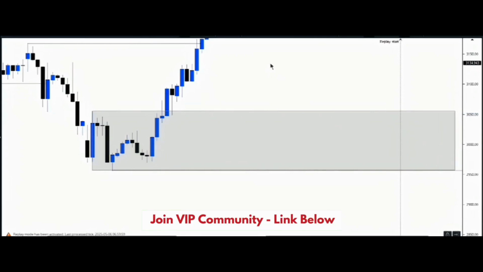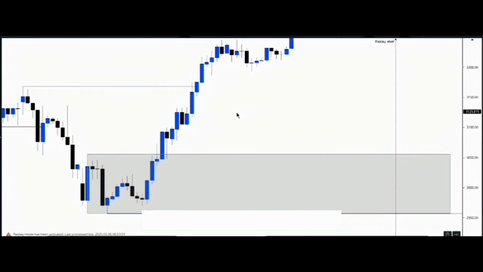Now, where is our decisional area of interest? Well, our decisional area of interest can be said to be this one here. This one is our decisional area of interest. Can you see that?